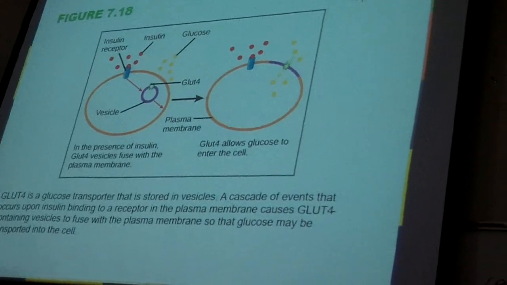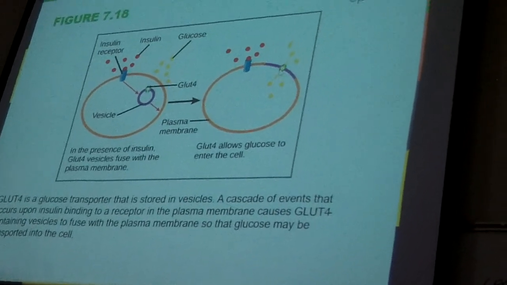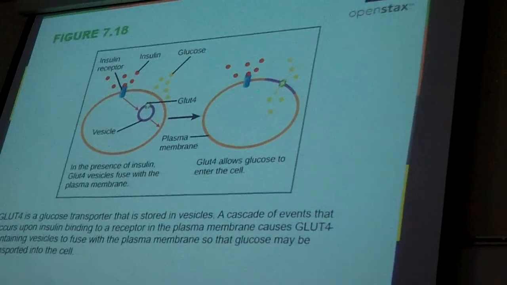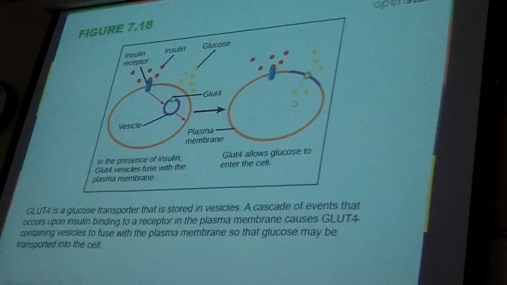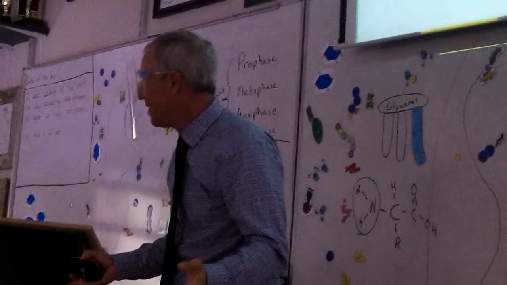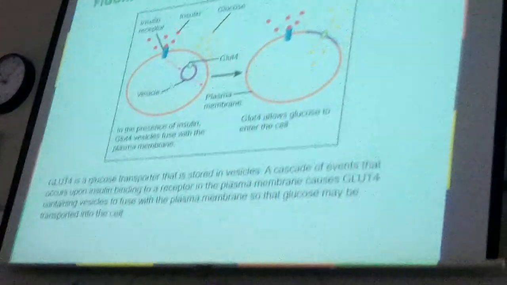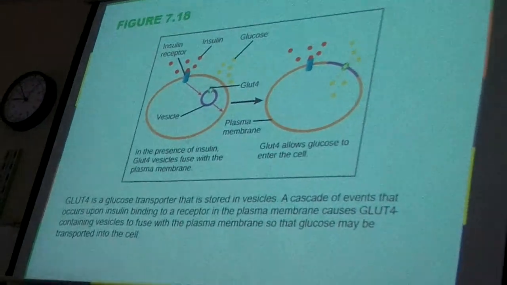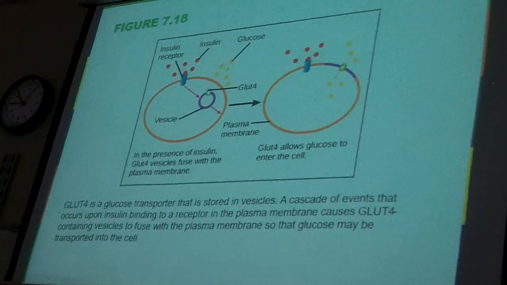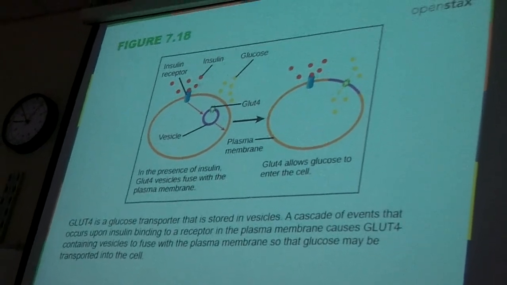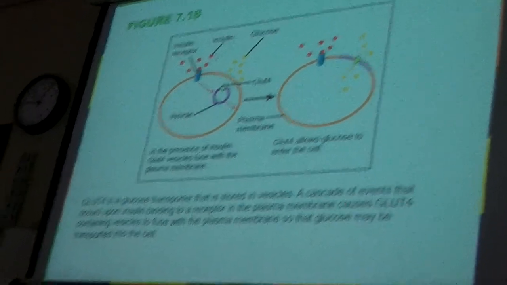Now we have the GLUT4 channel right there in the membrane, and glucose will come into the cell. And that glucose can be broken down for energy, or the glucose could be stored. Either way, the cell can control how much glucose goes in with some sort of molecule like insulin. And that's what we're talking about.